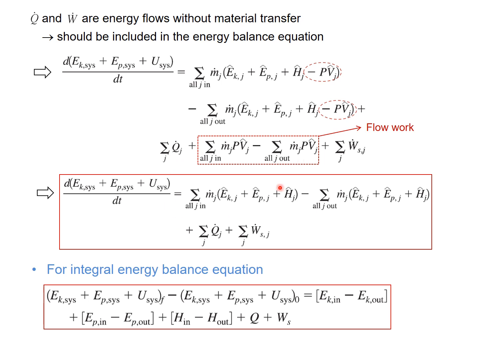So here is the final equation, the same, and you don't have the PV term anymore for input, minus no PV term in output, plus Q plus shaft work. I have said the shaft work is important rather than the flow work because the flow work is merged into enthalpy term.